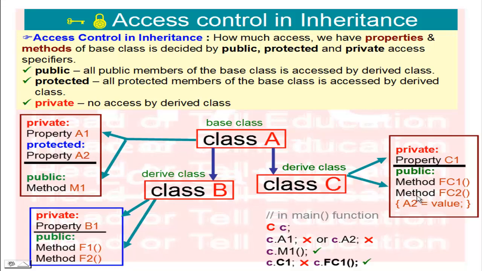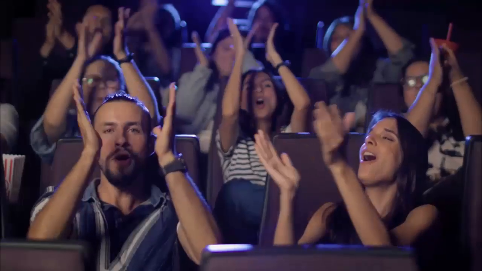Here you have seen that inside class C, the property A2 is accessible because it is a protected property. According to our statement, all protected members of the base class are accessed by the derived class. So this is the access control in inheritance.